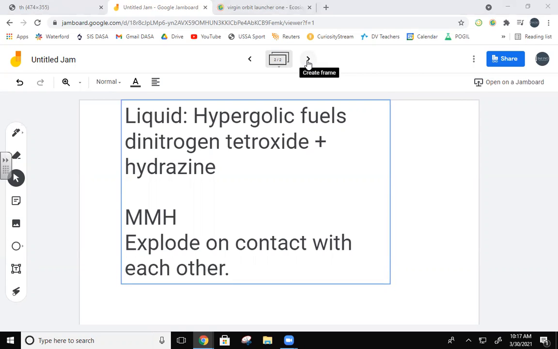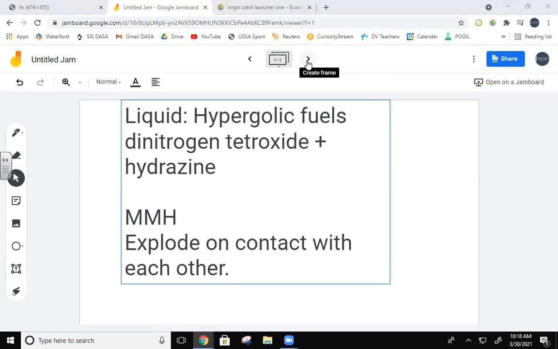Some use hypergolic fuels in satellites and other things that go out into space because they're really reliable. For instance, the ascent engine on the lunar module that got the astronauts off the surface of the moon used hypergolic fuel. They wanted to make sure that it worked.